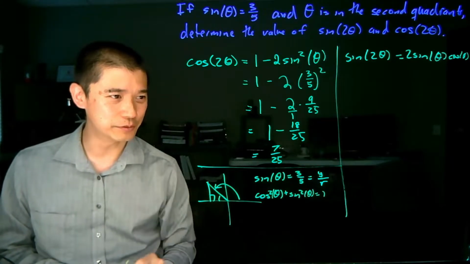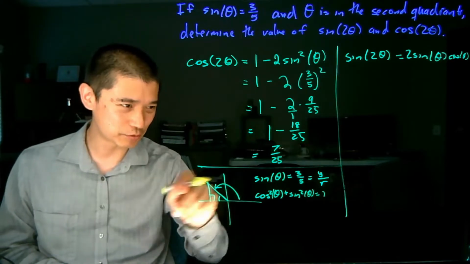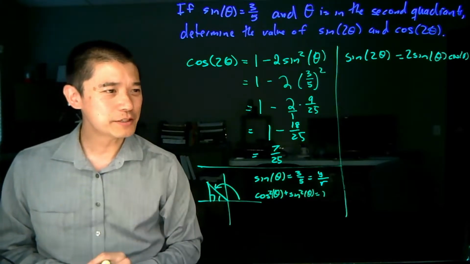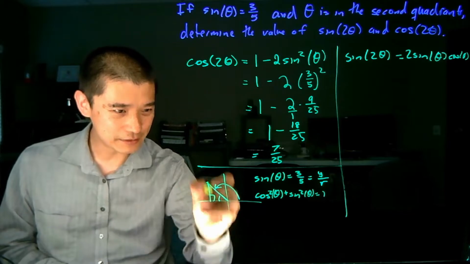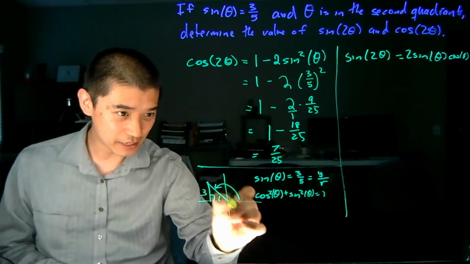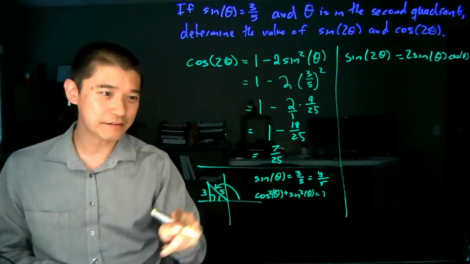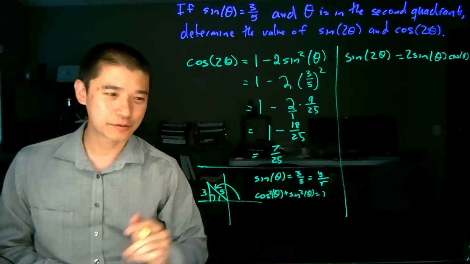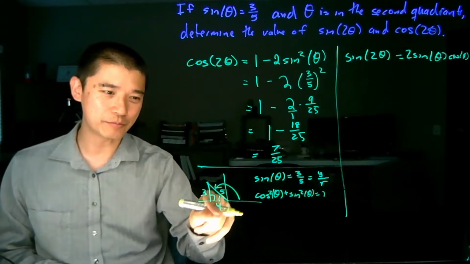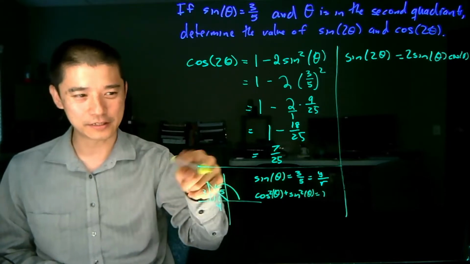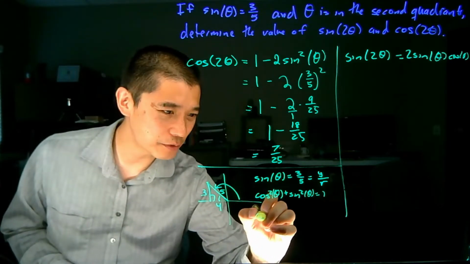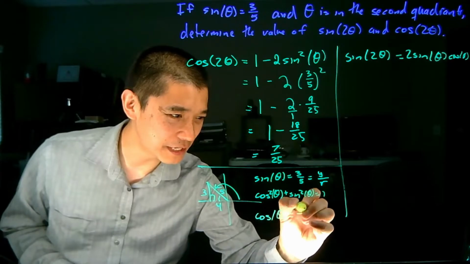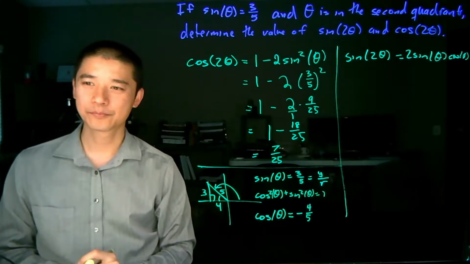We have y is equal to 3 and r is equal to 5. So y, the height is 3, and the hypotenuse is 5. You can see that this is going to be a 3, 4, 5 right triangle, but because we're going to the left side in the second quadrant, that 4 is negative. So we have cosine of theta is equal to negative 4/5.